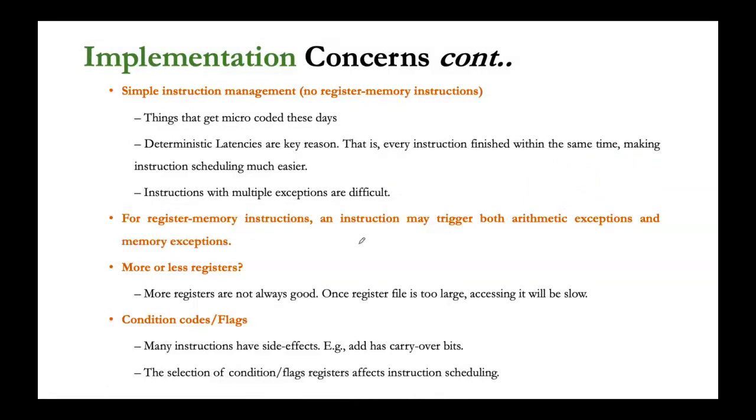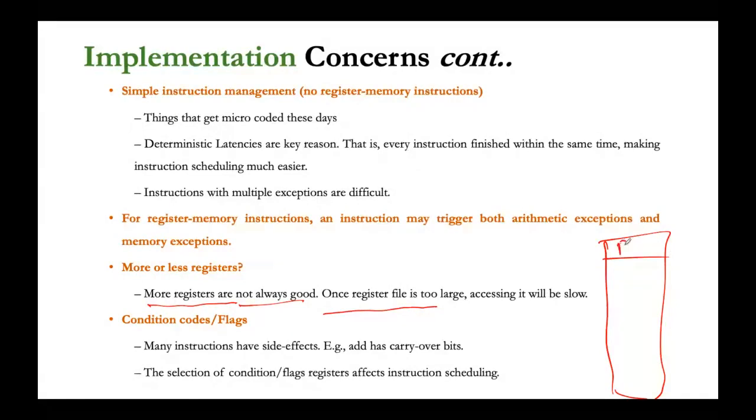For the ISA implementation concerns, another concern is how much hardware is required, more or fewer registers. In terms of the programmer, more registers mean the program can be executed faster. But in terms of hardware, more registers are not always good. Suppose I have registers R1, R2 up to R16.